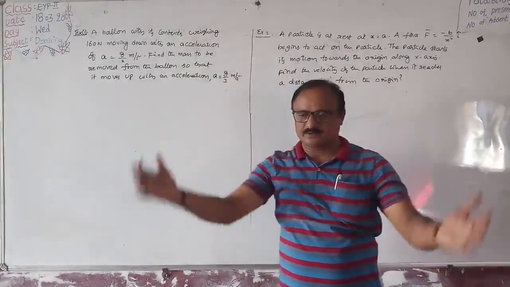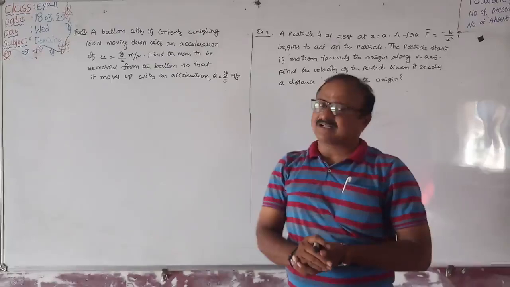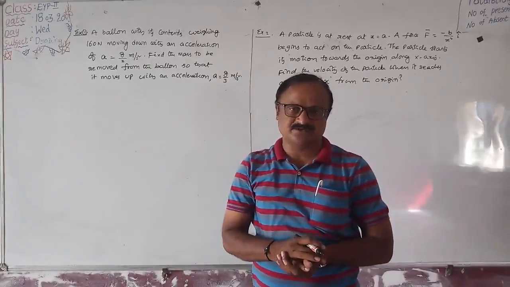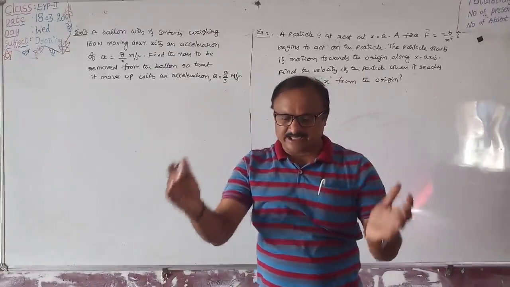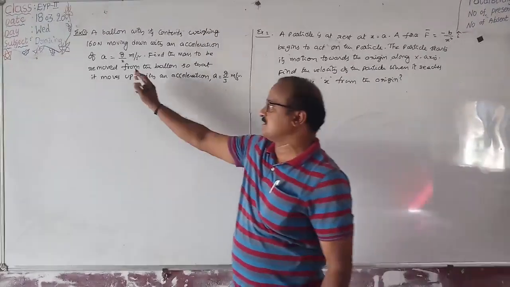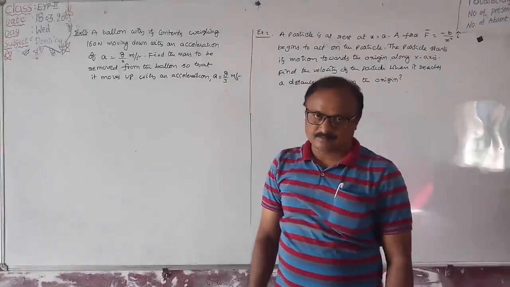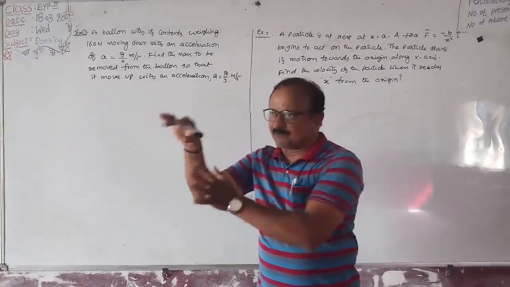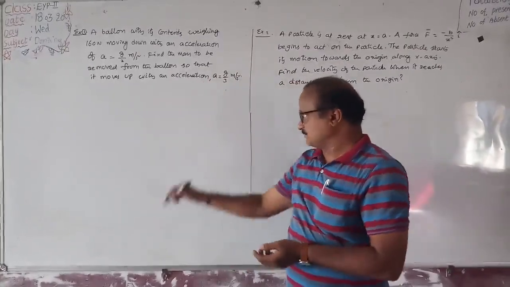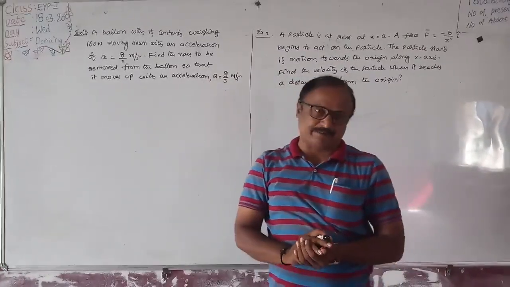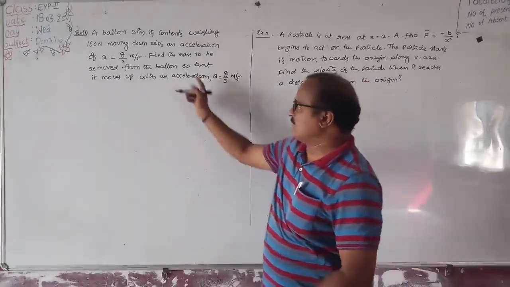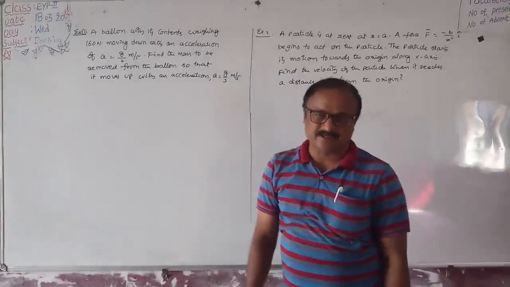Initially, the balloon, and what are the contents lying inside the balloon? Like gaseous medium, hydrogen gas. Initially, the balloon is moving downwards with some acceleration a is equal to g by 2. If some mass is removed from the balloon, then it moves up with an acceleration a equal to g by 3 meter per second square. Then find the amount of mass to be removed from the balloon, right?